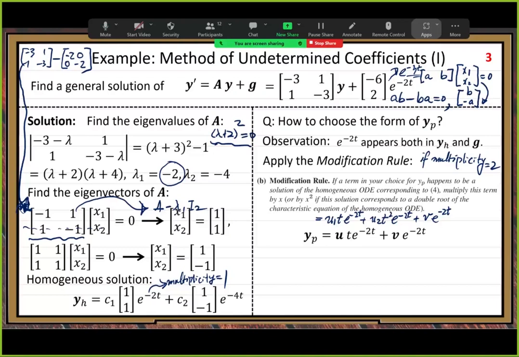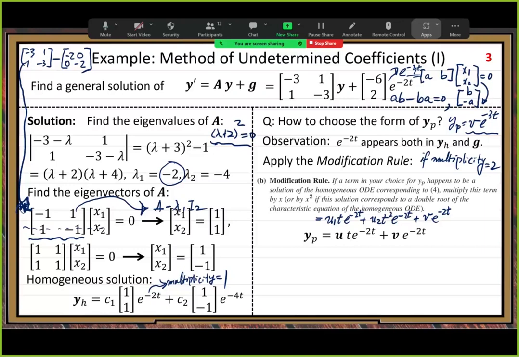For that negative 3t, our structure, we just write yp equals v, let's just use one vector v, times e to the negative 3t. No term from e to the negative 2t, no term from e to the negative 4t.